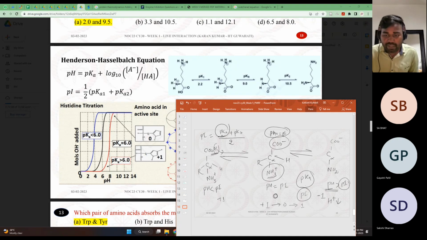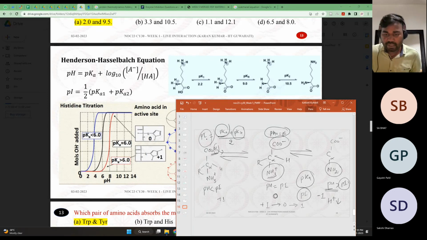When you are increasing the pH from left to right, the value at which the alpha carboxylic group loses its proton will be the pK1 value. And when the alpha amino group loses its proton, that will be the pK2 value. You take the average of those two and you will get the pI of that particular amino acid.